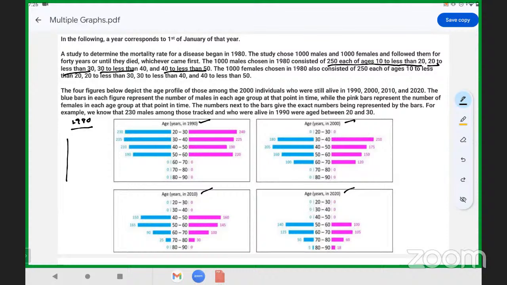The 1000 females are also the same: 250 for each, 10 to 20, 20 to 30, 30 to 40, and 40 to 50. That is how they have distributed the thousand.